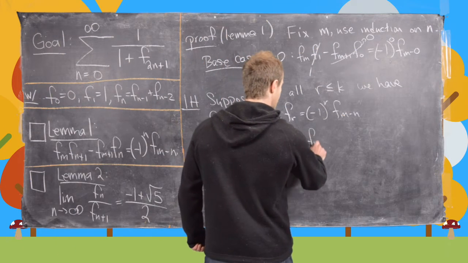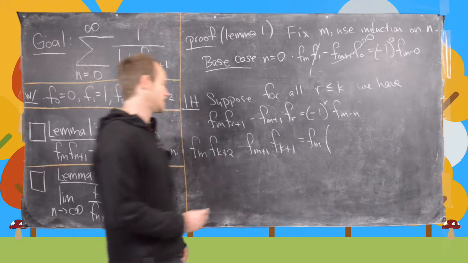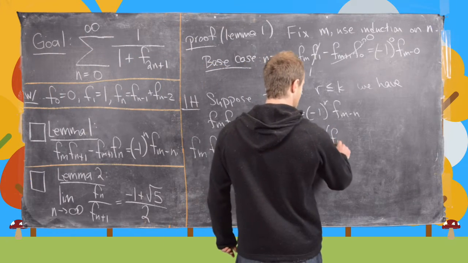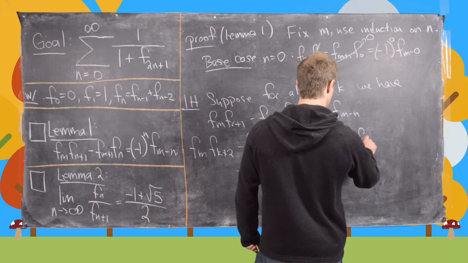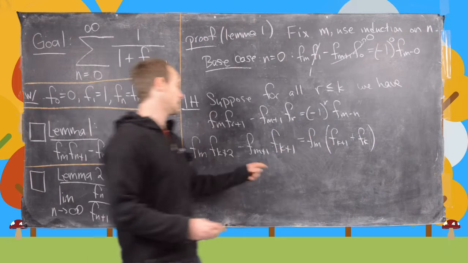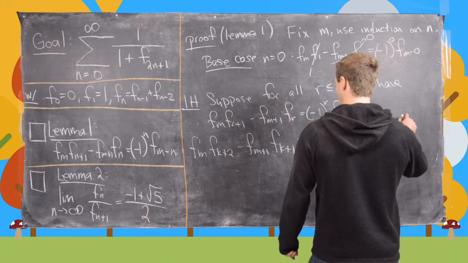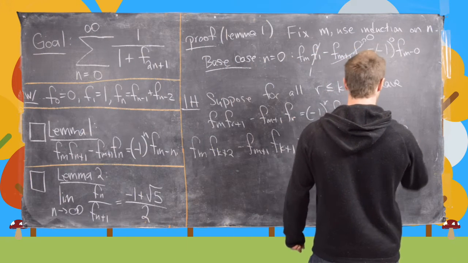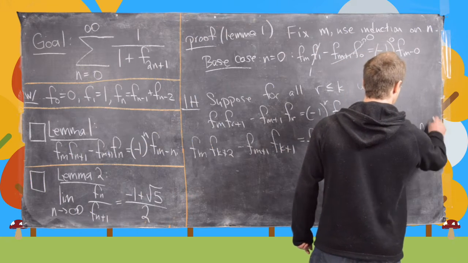So that's going to be f_m, and now let's use the Fibonacci recursion on this one: (f_(k+1) plus f_k). And then we have minus f_(m+1), and again we'll use the Fibonacci recursion on this as well: (f_k plus f_(k minus 1)).